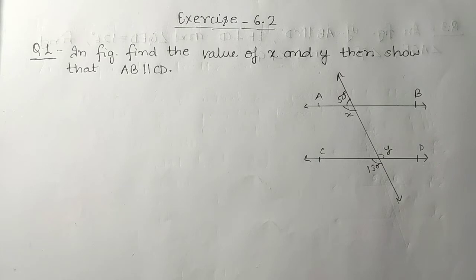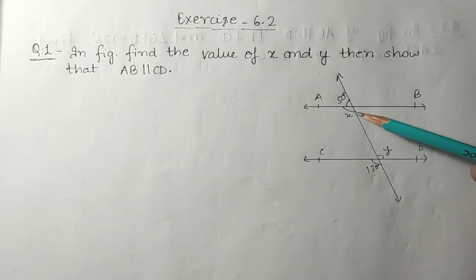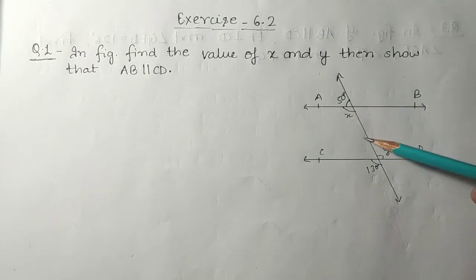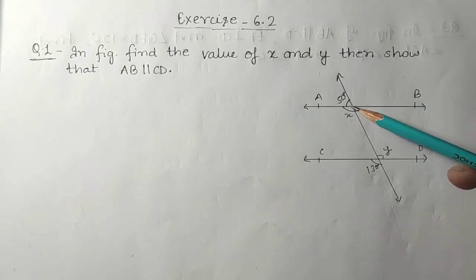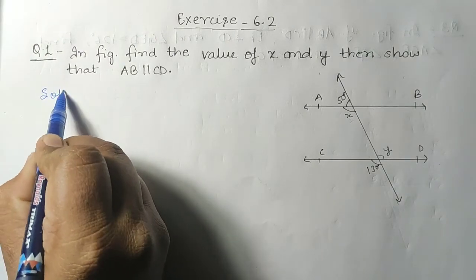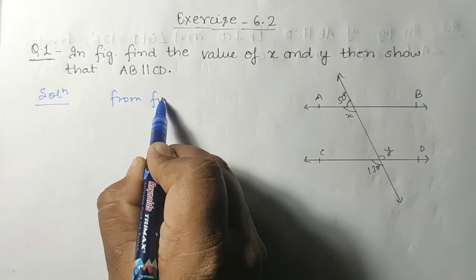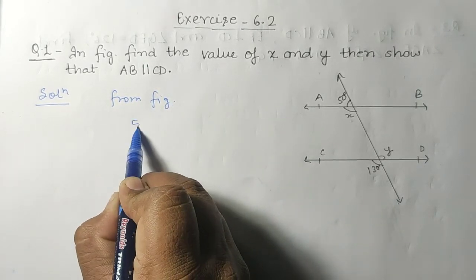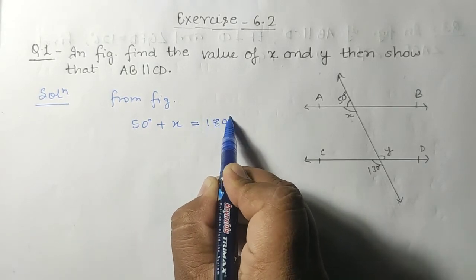See, students, we know very well that on this line, the angles are a linear pair. So this 50 and this x are a linear pair, so we can write in the solution, from the figure we can see that 50 degree plus x is equal to 180 degree.